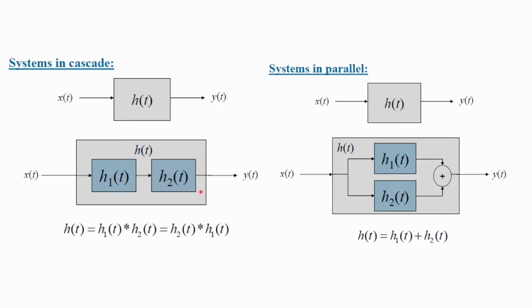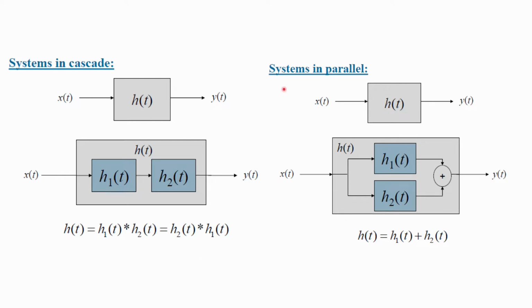So what we will get means x of t convoluted with h of t is equal to y of t. H of t is nothing but h1 of t convoluted with h2 of t. Clear? So the whole thing can be written as h1 of t convoluted h2 of t, or by using the commutative property we can write like this.